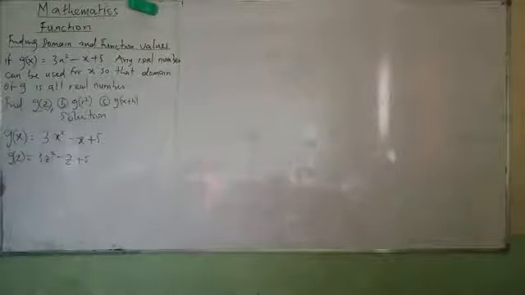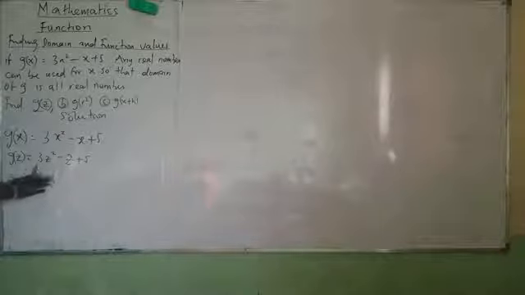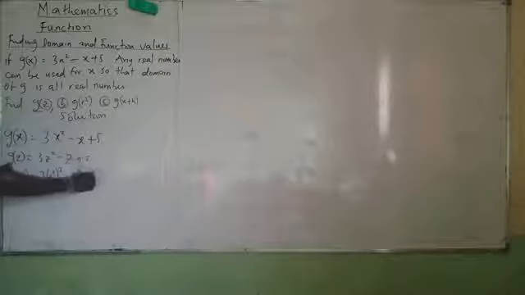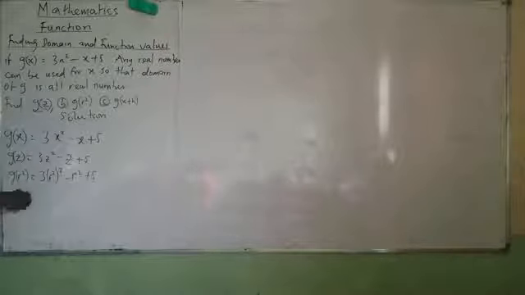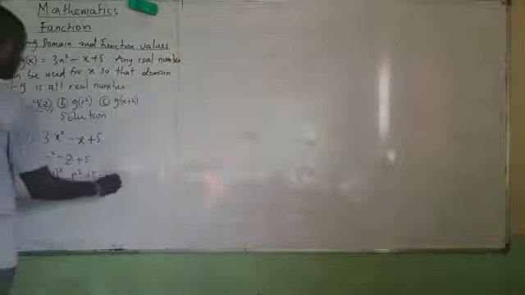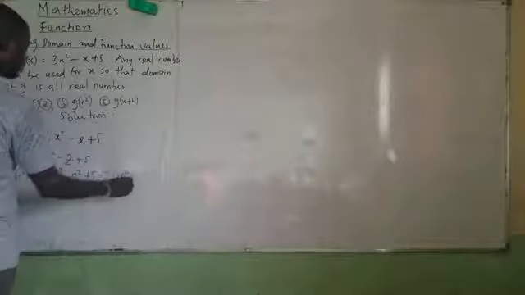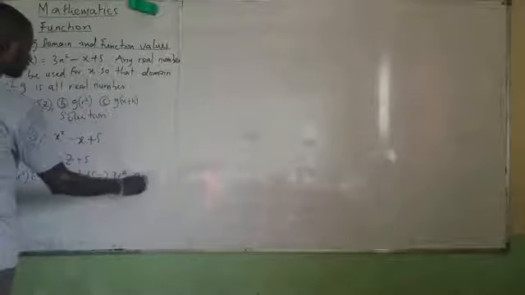If I continue, g of r squared will be equal to 3 times r squared, bracket squared, minus r squared plus 5, which implies 3r raised to power 4 minus r squared plus 5.